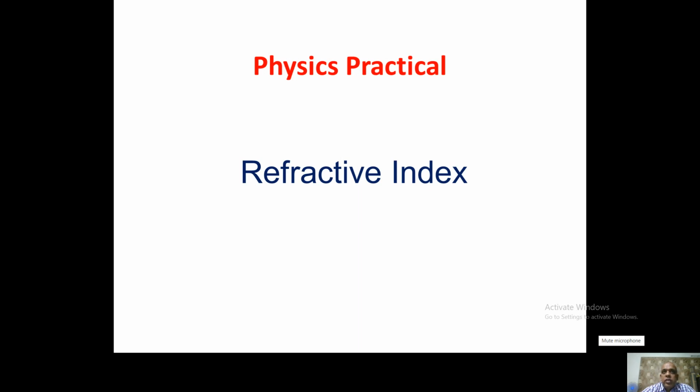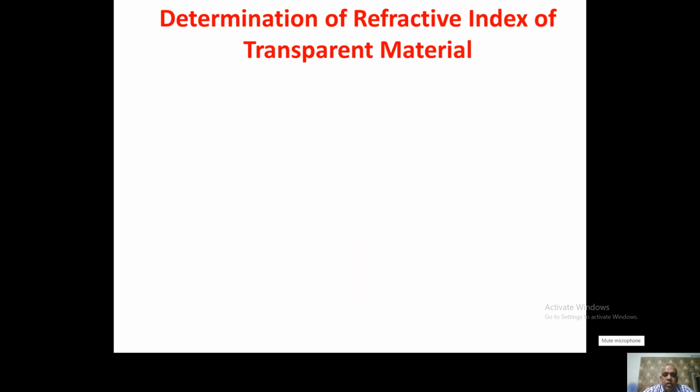We want to determine the refractive index of the transparent material. Now, the topics to be covered in this experiment.